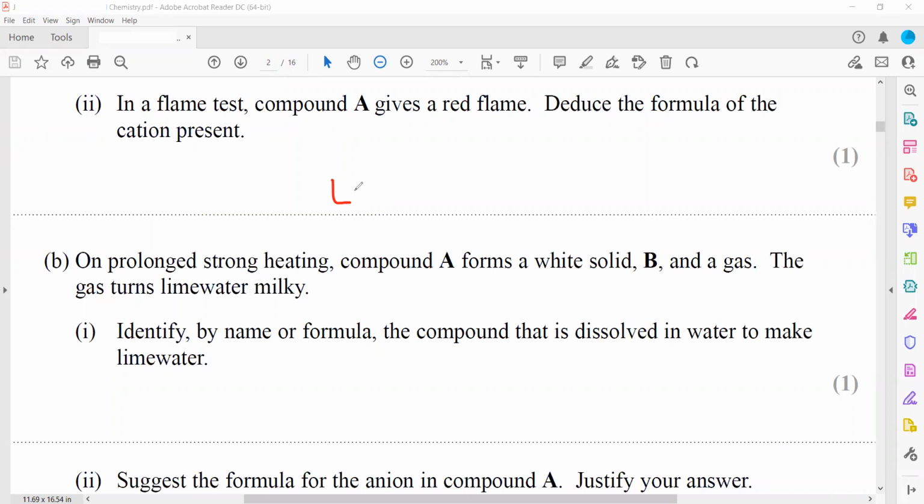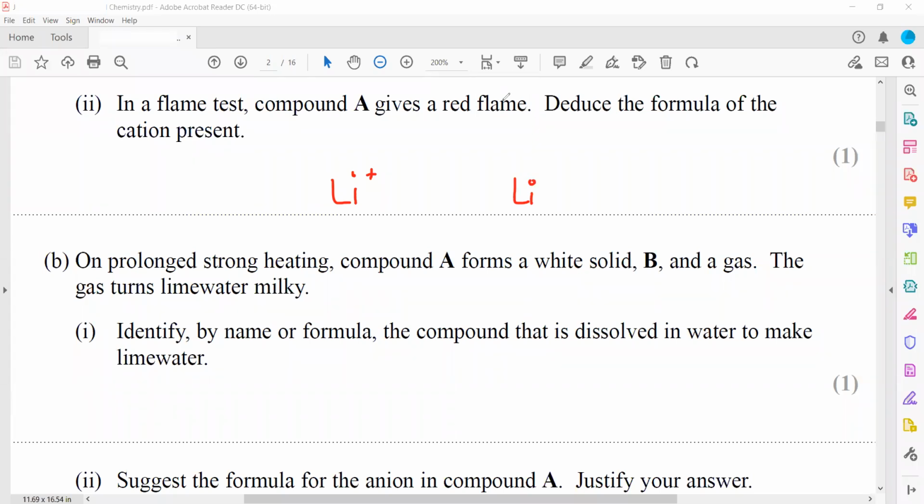And deduce the formula. If you write only Li, you will lose the mark, because you have to deduce the formula of the cation. These small details are very important. We are not supposed to write lithium atom, we should write Li plus. Some students understand the question and just write Li, lithium.